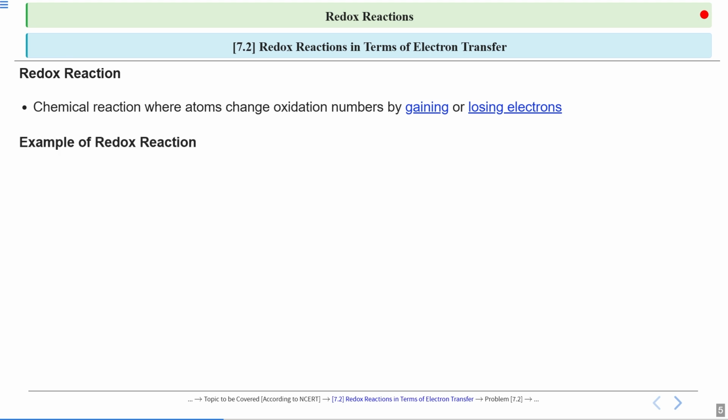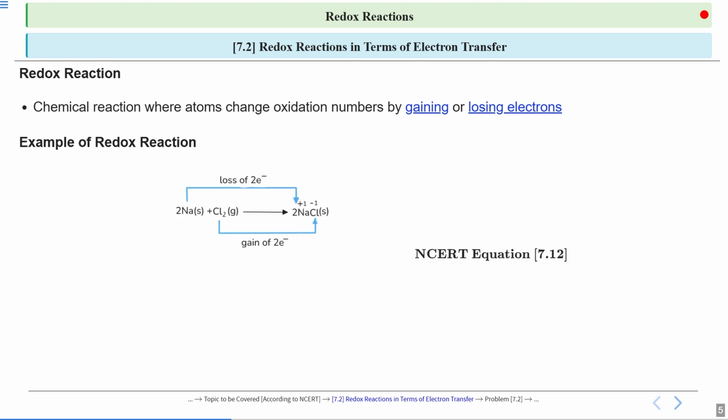Now, let's take an example of a redox reaction. Here you can look at NCERT equation 7.12, in which sodium is reacted with chlorine, forming sodium chloride.